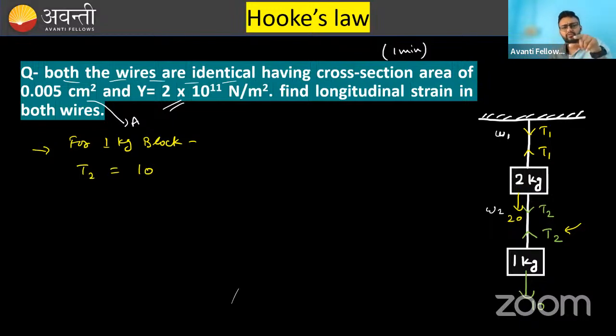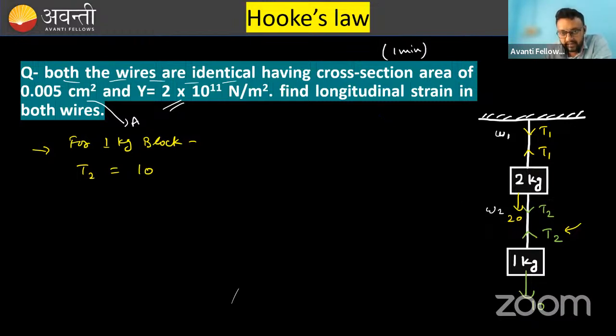Do you know the second law of motion, F equals ma? If you know, only then you can understand this one. Otherwise there will be a problem in understanding these things, and on the next question you will get stuck. So T2 is equal to 10. How do we get that?